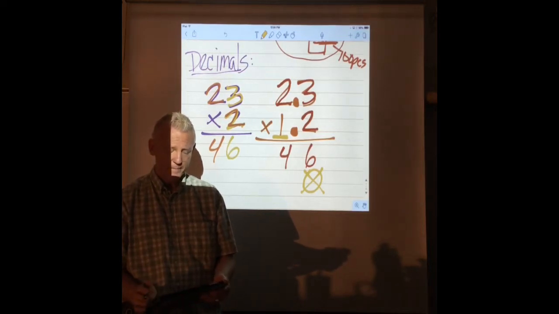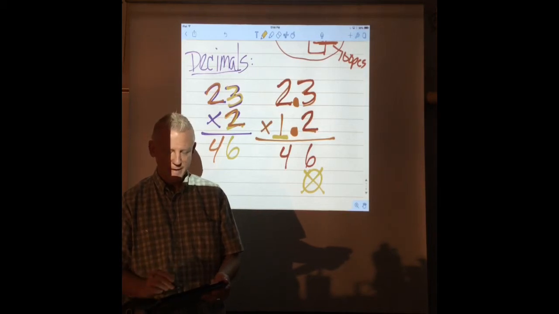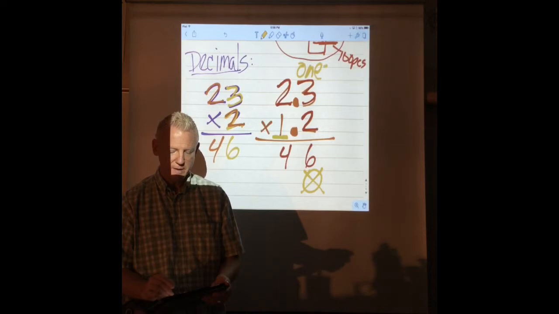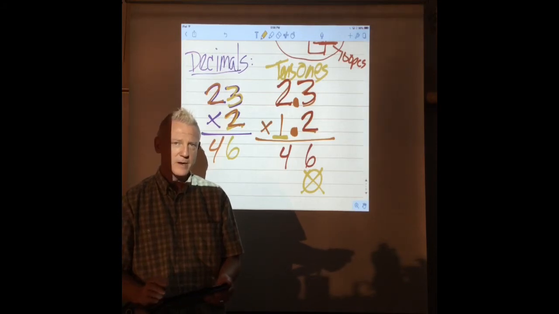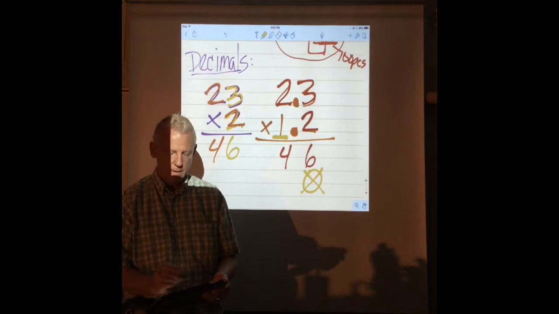I know, it's really a 1.2, but it's kind of like it's in the 10 place. You know, it's kind of like this is in the 1's place here, and then this is the 10's, right? So we're just going to treat it like that. We're going to put our 0 there, okay? So we put our 0, so we have our placeholder.